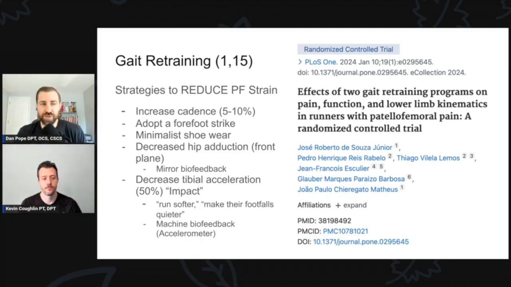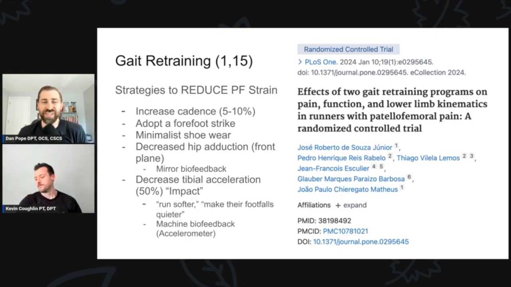I talk to Chris Johnson quite a bit about this. Sometimes it can create more issues than it helps, so you have to be careful. Minimalist shoe wear does tend to decrease patellofemoral forces, because in a minimalist shoe it's not going to feel good to slam your heel into the ground. So you might adopt more of a midfoot strike, land a little softer, and potentially reduce the strain on the patellofemoral joint.